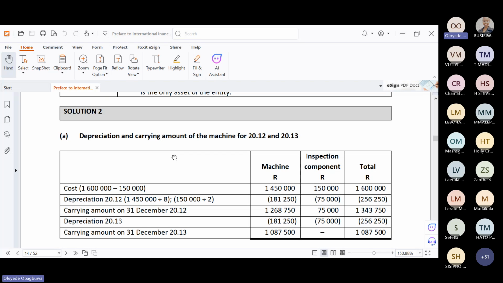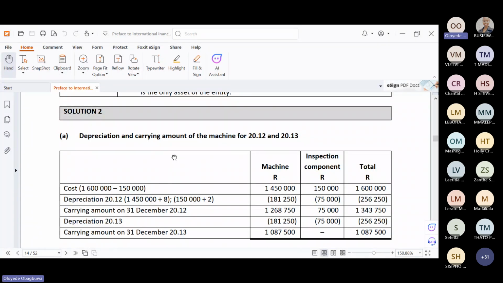To calculate the depreciation, for easy understanding, you can see in the study guide here that we separate the machine and the special component. For easy calculation, if you can handle it without separation, fine, but this is just to ease your calculation.